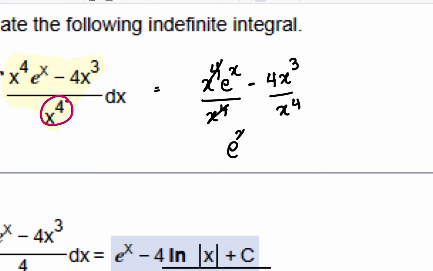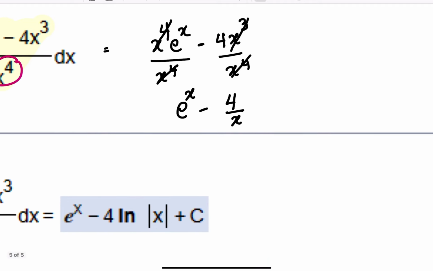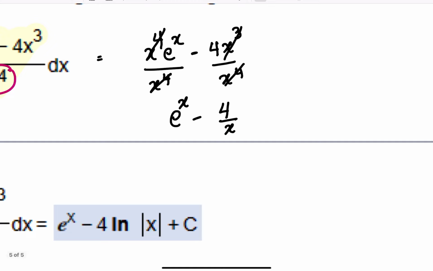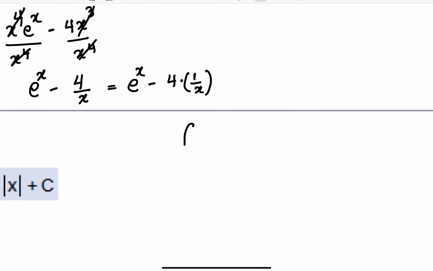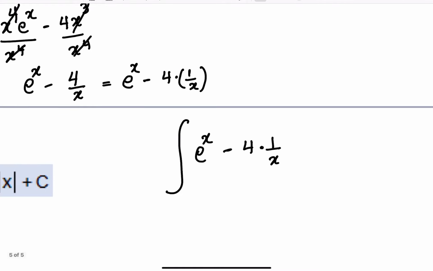This becomes e to the x minus, x cubed over x to the 4 becomes 4 over x. So I can rewrite this as e to the x minus 4 times 1 over x. Now I simplified this whole thing. So now I'm going to find the integral of e to the x minus 4 times 1 over x dx.